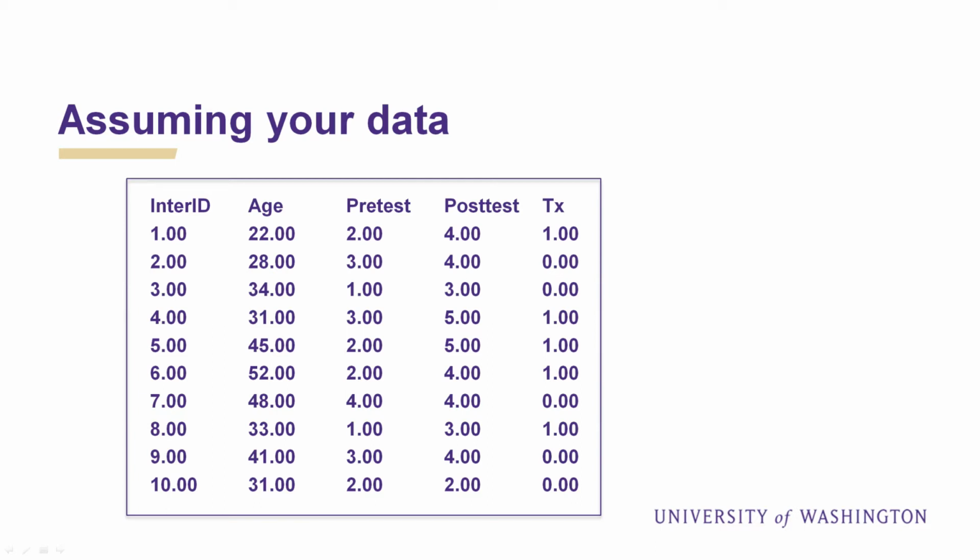And in the data, there are 5 variables, one in each column. If you see the first column, Inter ID means interview identification number for each participant. The second column is age, which means just age. The third and fourth columns are pre and post-test scores.